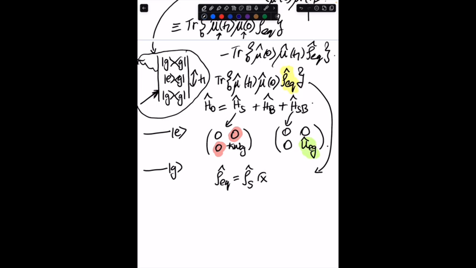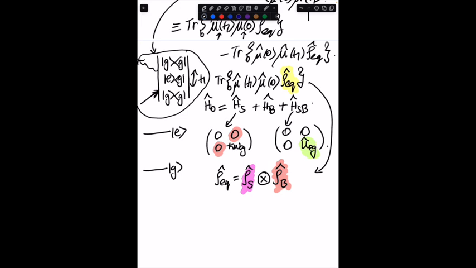So I will write it in this tensor product or direct product notation because the density operator of the system states and the density operator of the bath state exist in different spaces, because your system state vectors are defined in a particular system Hilbert space, and your bath vectors are defined in another Hilbert space.